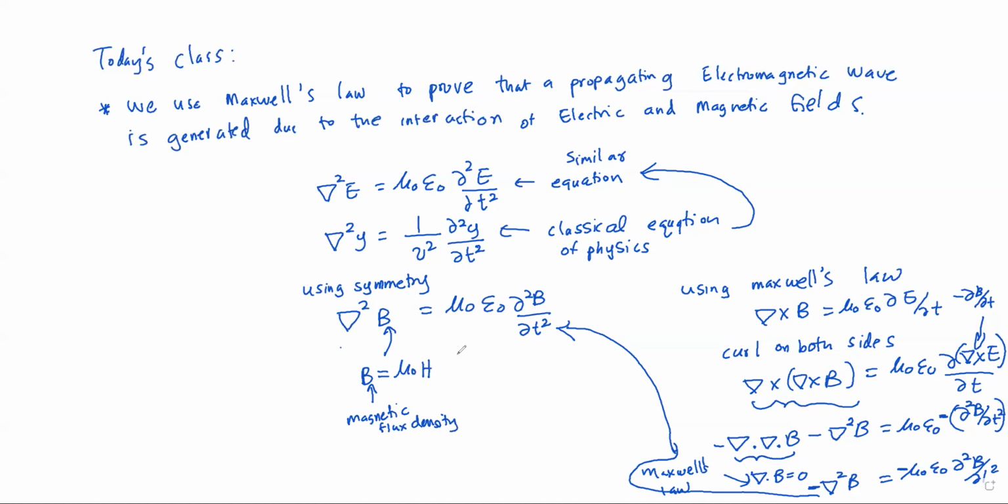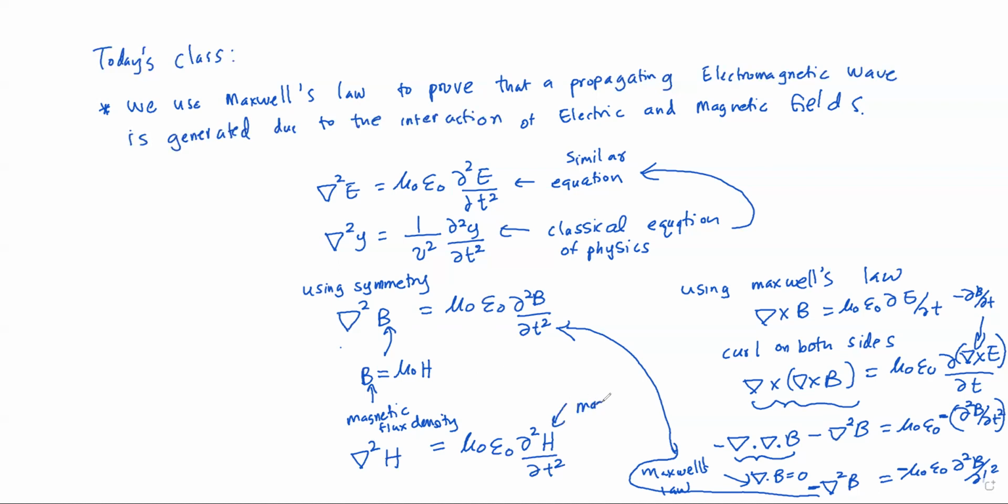So we can substitute mu naught H into this equation, and instead of B we can write H, because mu naught is a constant. We can cancel out the effect of mu naught on both sides, and write this equation in terms of H, the magnetic field intensity.